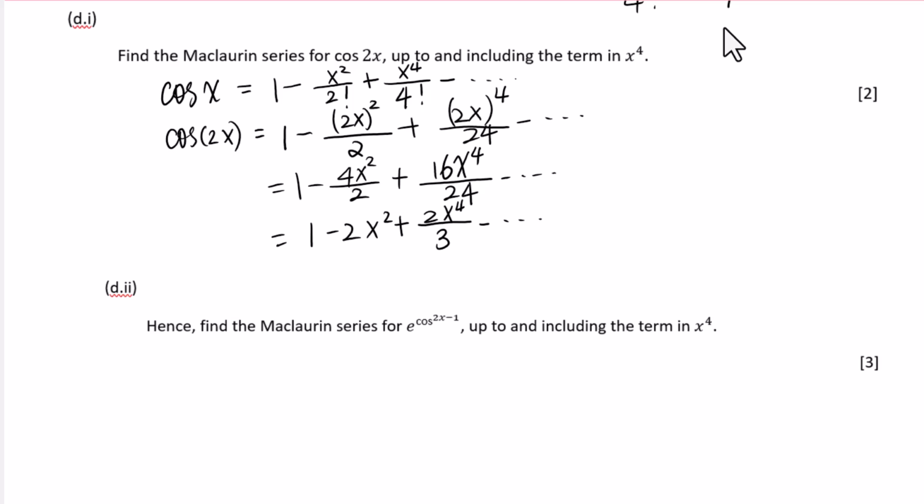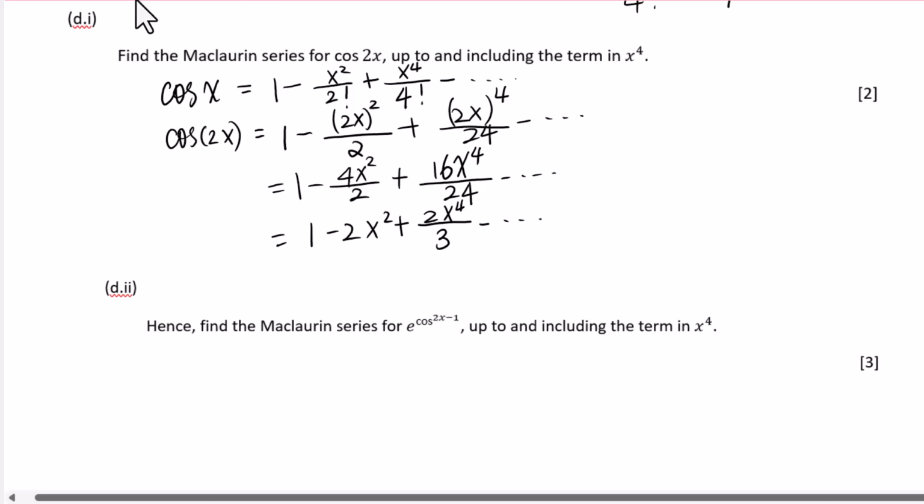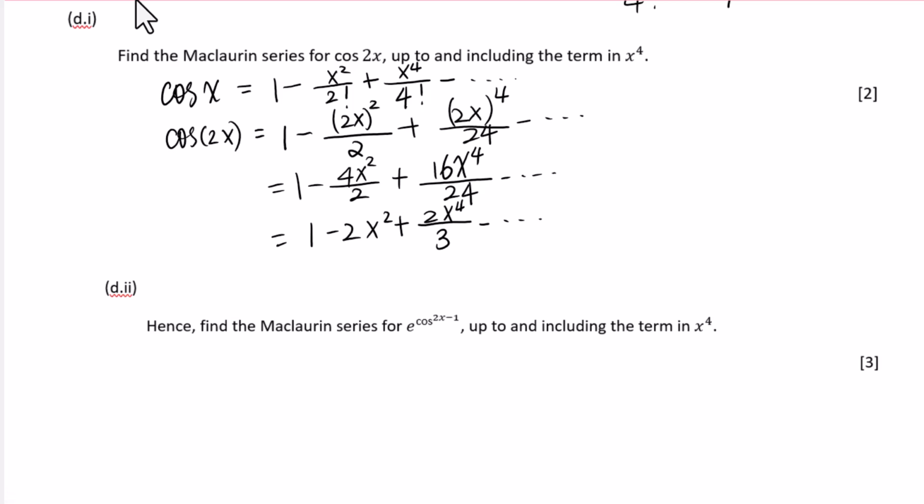Let's go to D2. Hence, find the Maclaurin series for e to the power of cosine 2x minus 1 up to and including the term in x to the fourth power. E to the power of cosine 2x minus 1. We will do the substitution. Substitute this for cosine 2x.